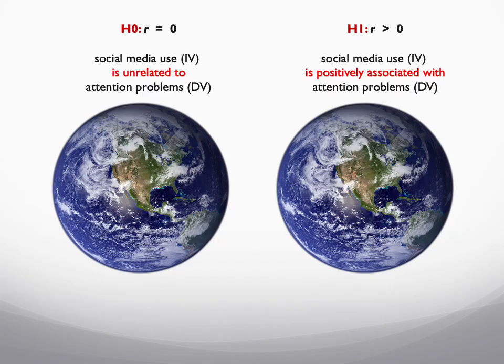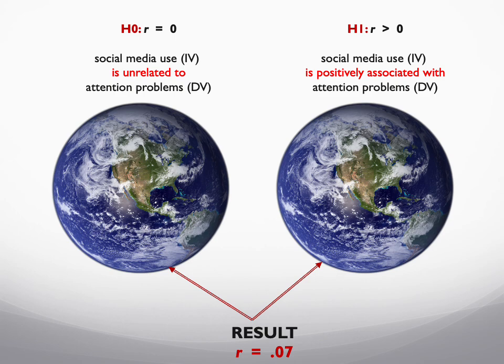I want to collect some evidence and decide what the evidence says. So I collect a sample, I conduct a study, and I get this result of R equals 0.07. And my question is, given this result, is this evidence for living in the world of the null hypothesis, or is it evidence for living in the world of the research hypothesis?